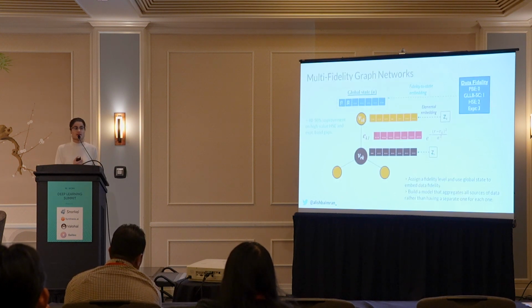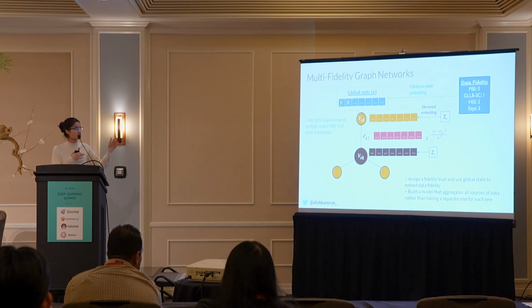One way that you can solve this problem is through using multi-fidelity graph networks. If you recall, I mentioned this global state vector before, and before it was really just storing information about the system overall, so things like temperature and entropy. But instead of storing those variables, we can assign a fidelity level to all of the different functionals.